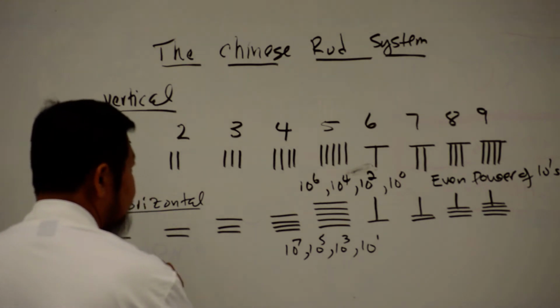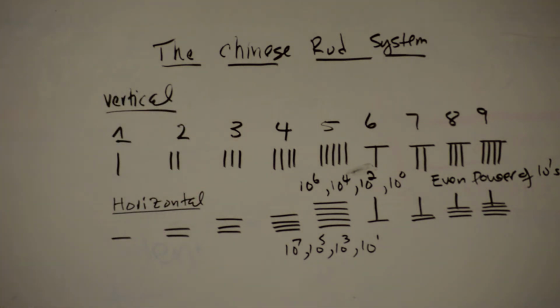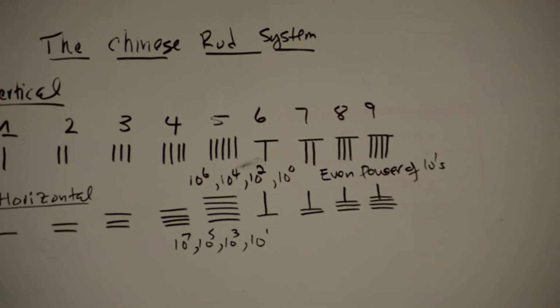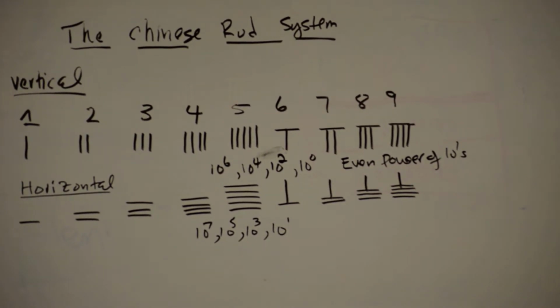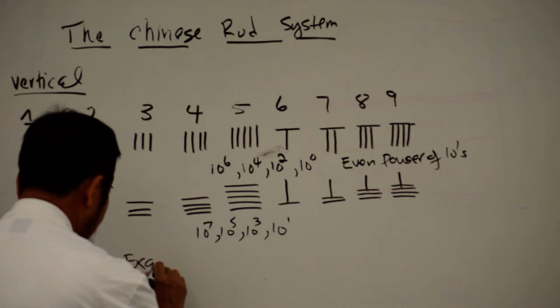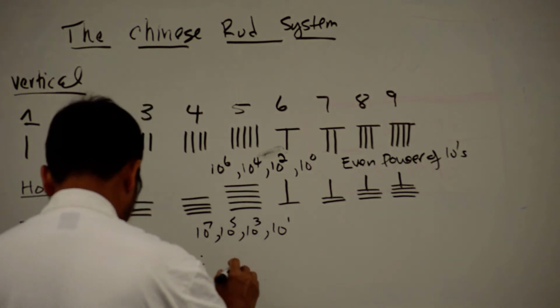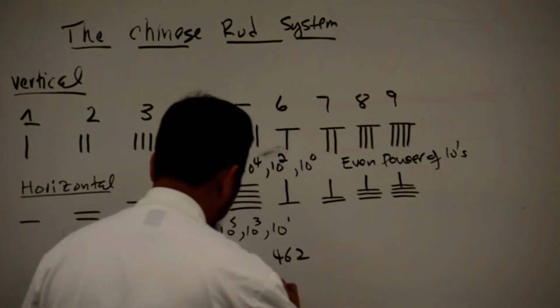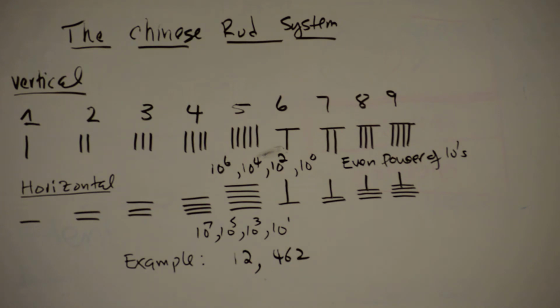So let's say I have 12,462. We have to write that into the ancient Chinese rod system.